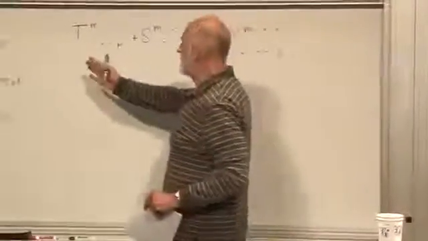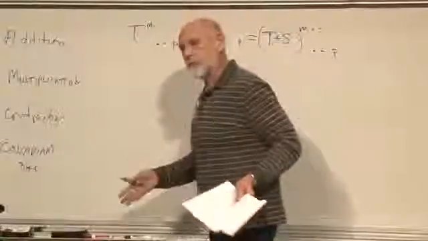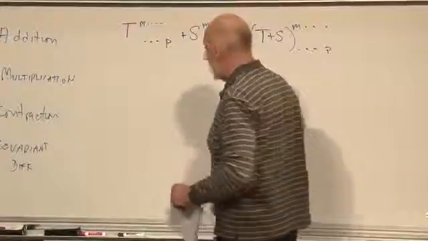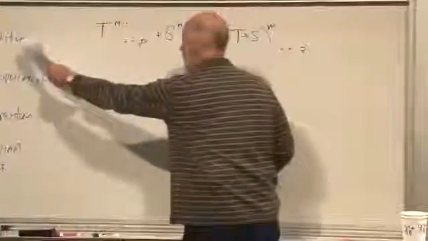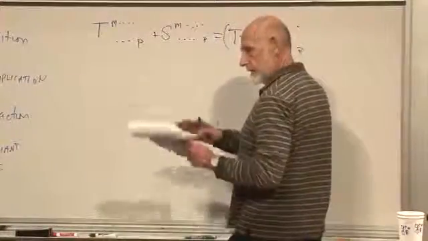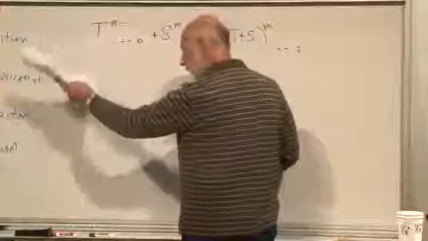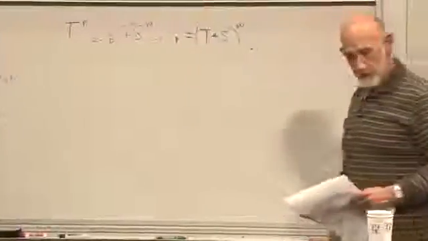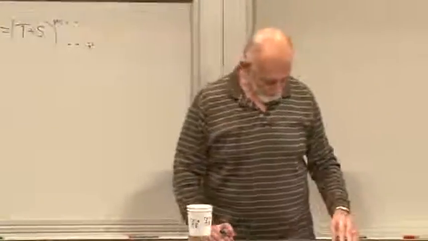If T transforms by multiplying it by a bunch of dx by dy's and dy by dx's, and S transforms the same way, then if you just factor out the transformation coefficients, you can see easily that the sum transforms as a tensor.